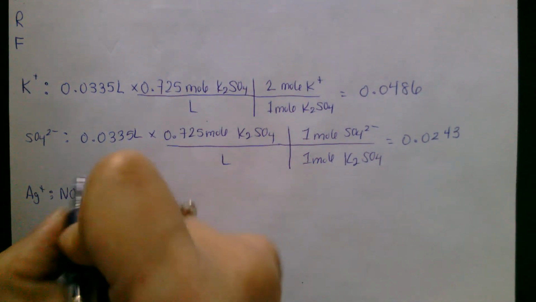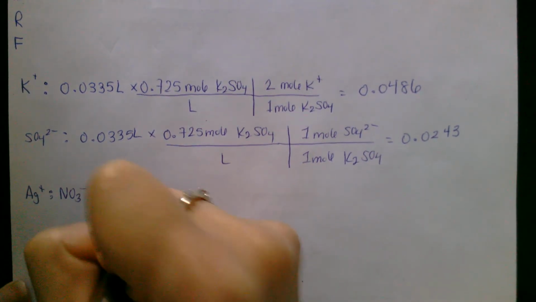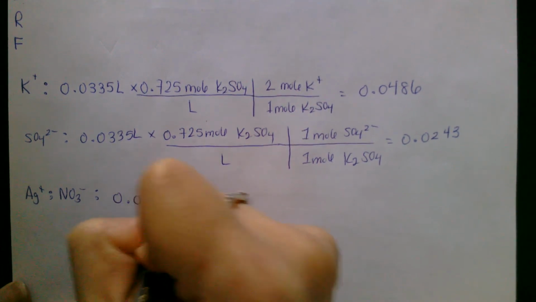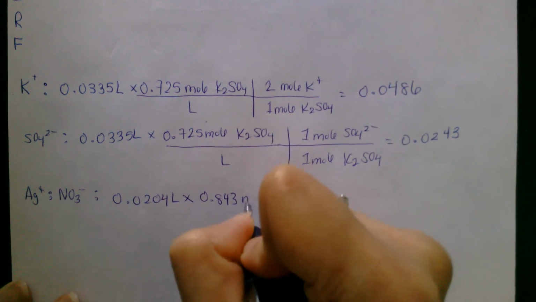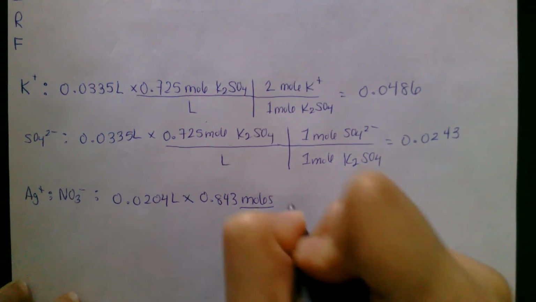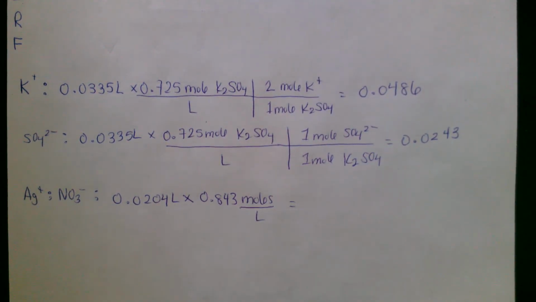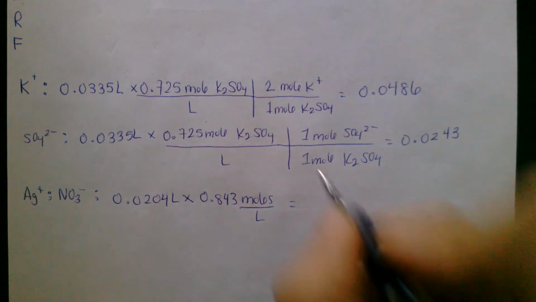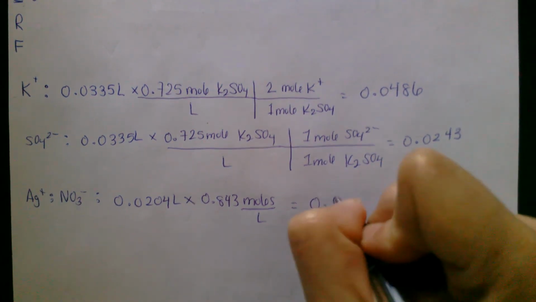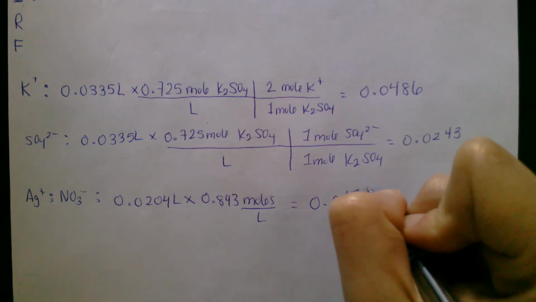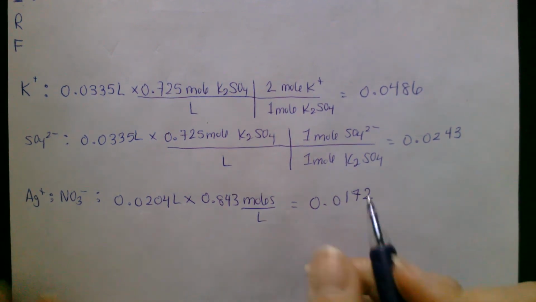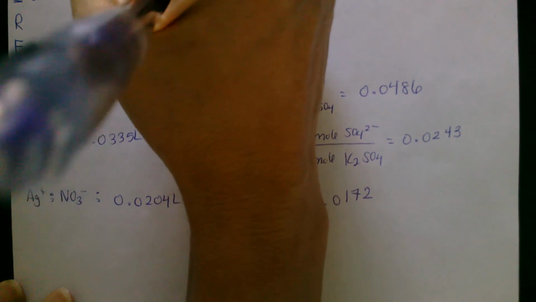We have 0.0204 liter times 0.843 moles per liter, so 0.0204 times 0.843, which is 0.0172.